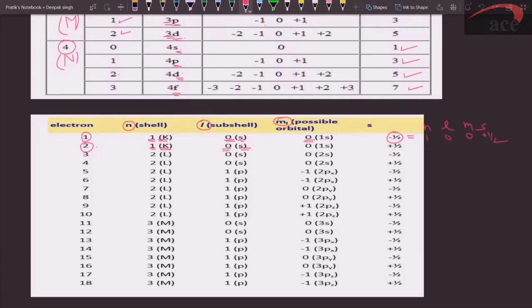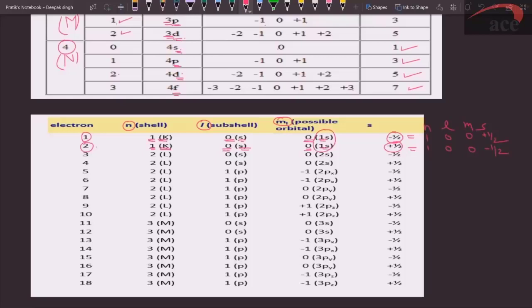For S, again the magnetic quantum number is expressed as 0. But now the spin of the electron is what? +1/2. So again the N value is 1, L value is 0, M value is 0, and S value is -1/2.